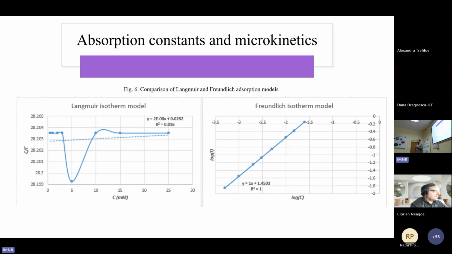This does not change the adsorption model per se, but gives us an insight into how the interaction might work. So for the calculations of surface coverage, I used the isotherm adsorption constants.